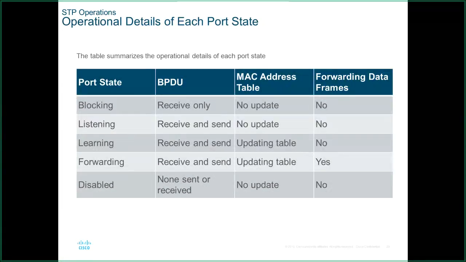Forwarding means we're sending and receiving everything, and disabled port means it's shut, it's turned off. It's not sending or receiving anything, it's not updating anything because it's off.